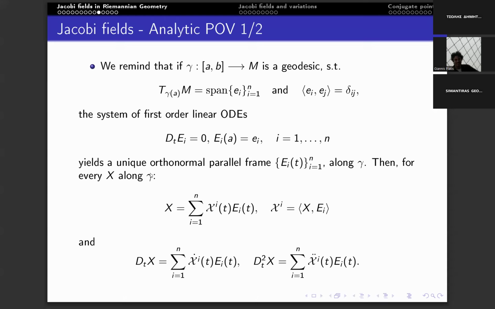So every vector field X along gamma can be written as a combination of this orthonormal parallel frame here.